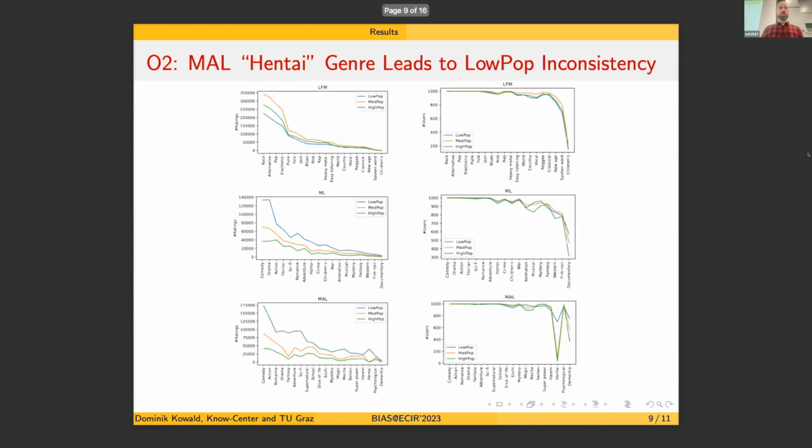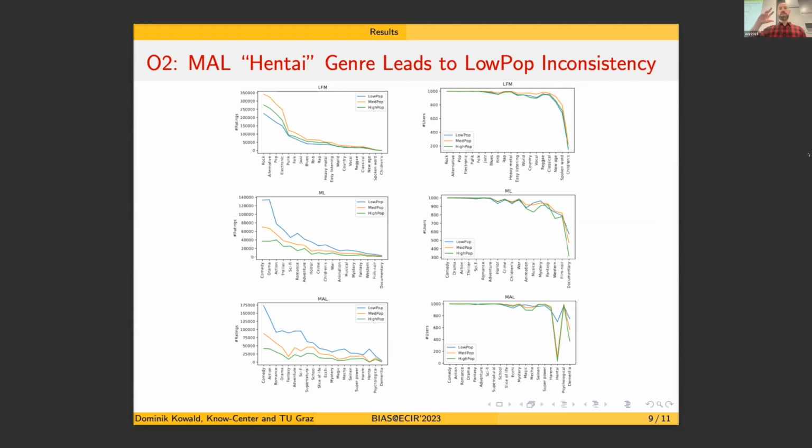And we also looked into that by plotting the number of ratings over the different genres and also the number of users for the different genres. And again, if you look here at MyAnimeList for the number of users, we again have quite a large spike, so a large degree in number of users interested in this hentai genre, but this time for the medium popularity and high popularity users.